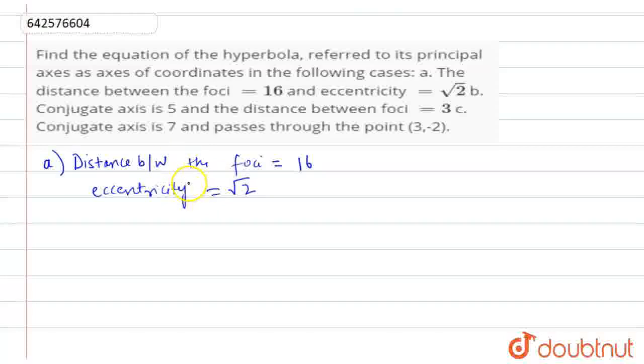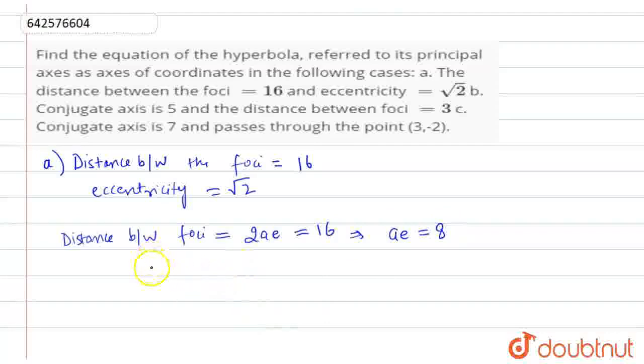given data. So first of all, we all know that the distance between the foci is 2AE. Distance between foci is equal to 2AE is equal to 16. So AE will be equal to 8.